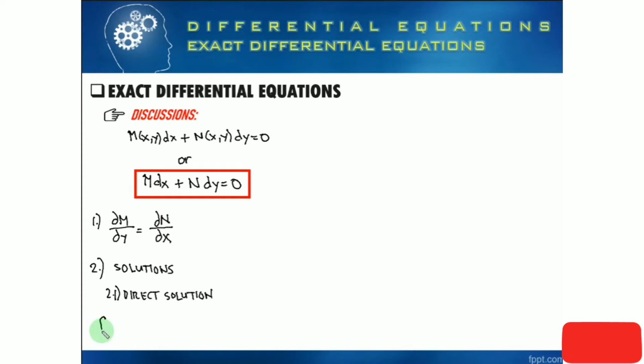So you have to remember this form: integral of M dx plus the integral of this quantity, so we will just enclose this one in a bracket. We have here N minus the partial derivative with respect to your y of this integral of M dx. Okay, M dx.